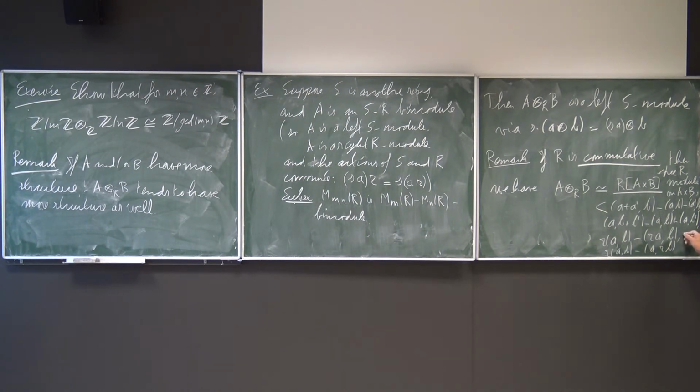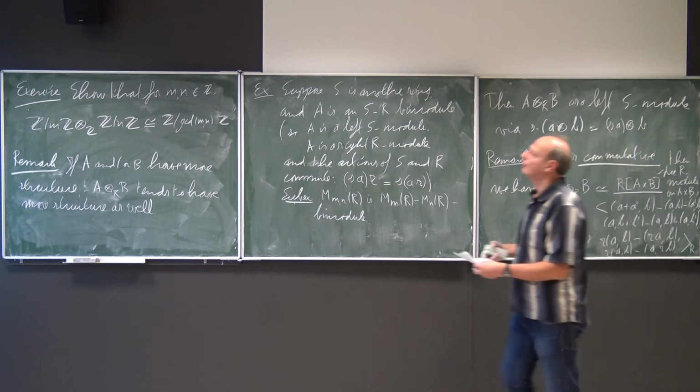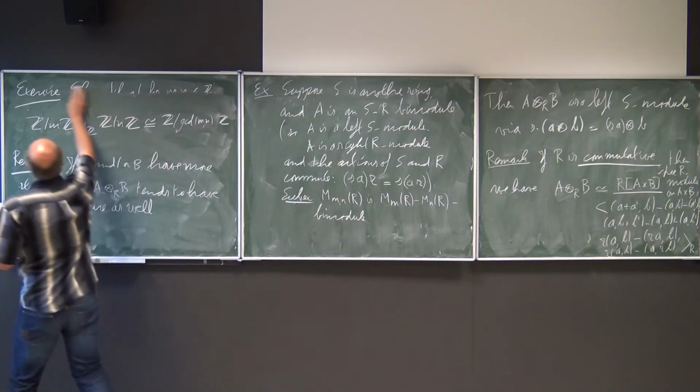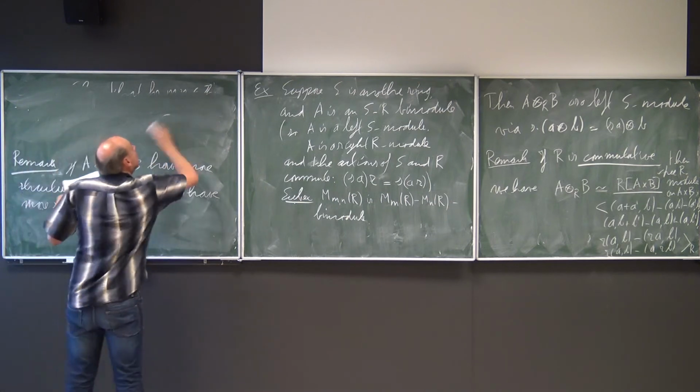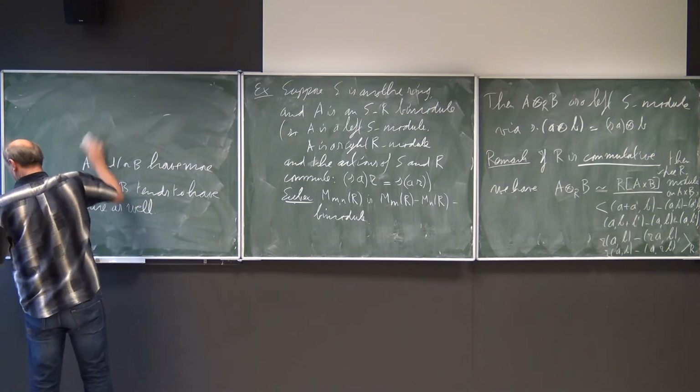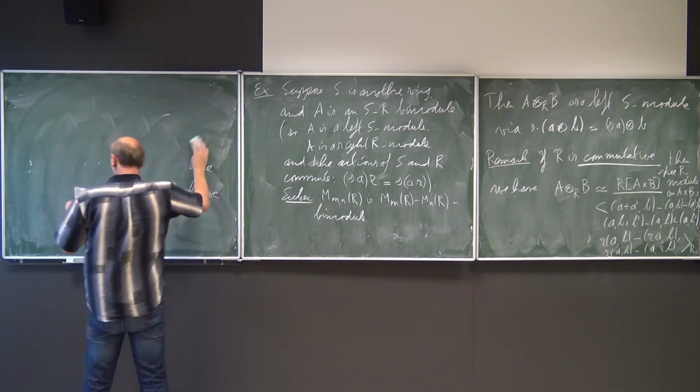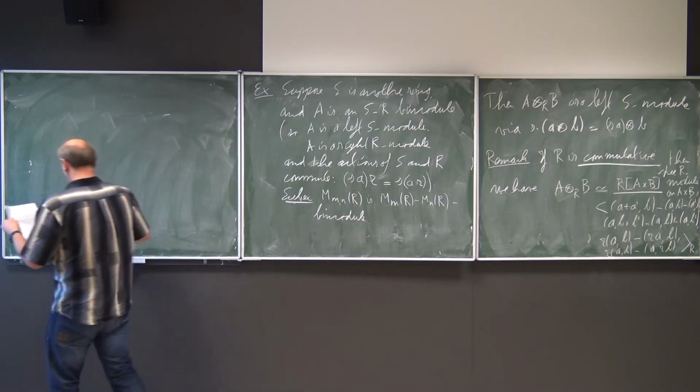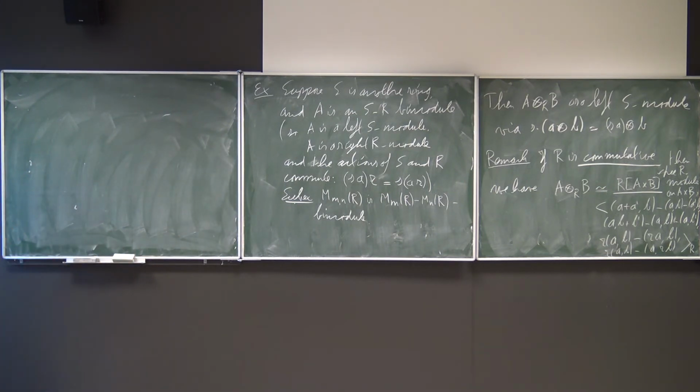Anyway, and now I have to not only take the abelian group generated by this, but I have to take the R-submodule generated by those relations, which I indicate like this. And so let me just indicate what the maps are.